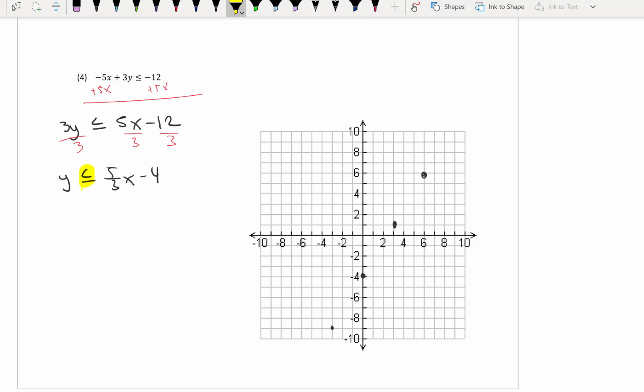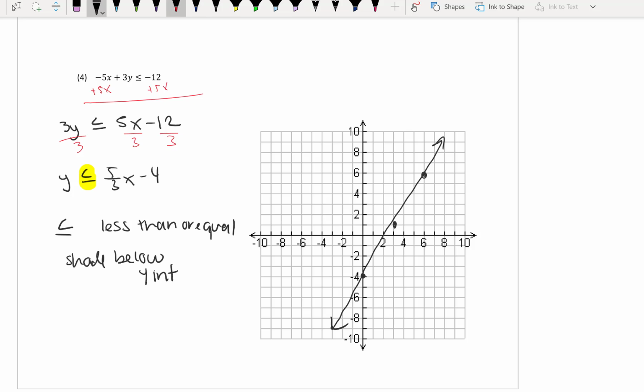And here is going to be a solid line. And since it's less than or equal, that means I'm going to be shading below the y-intercept. So here's the y-intercept, so everything below it is here. And so that's going to be my answer for number 4.